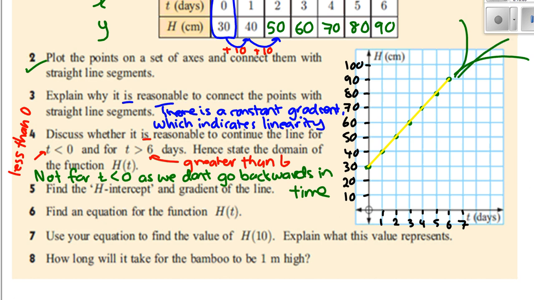At this point, you probably could argue that it could, because it seems to be going pretty constantly. But there might be a certain point where it does slow down its growth, and maybe it hits a peak at some point. I don't know. Or as it just gets older, it starts to wither a bit at the top, so it doesn't become as tall. So you could say, let's go into the other part down here.